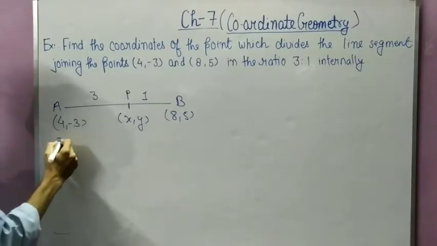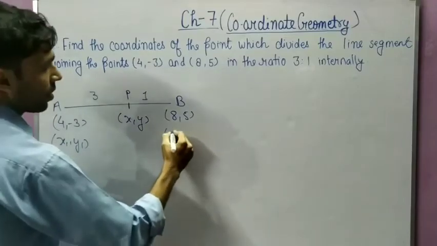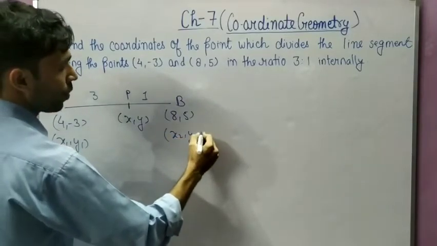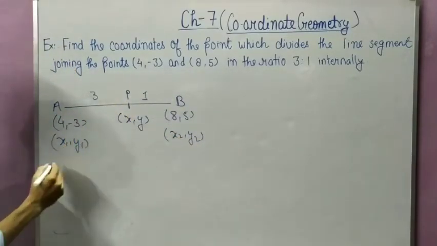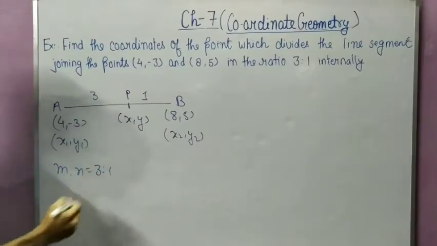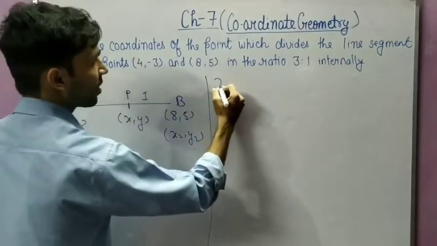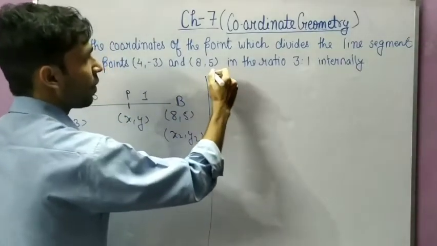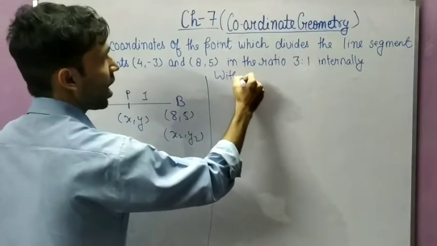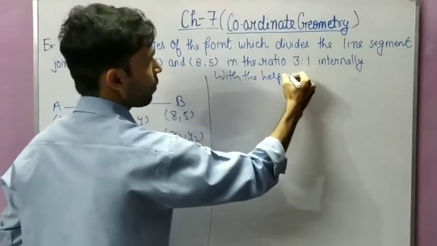इसको मान लो आप क्या, (x1, y1), दिस विल बी B, (x2, y2), और m और n की जगह क्या दिया है, m:n की जगह क्या दिया है, 3:1. सो स्टूडेंट मुझे बताओ what will be the value of x. So we will write with the help of section formula.